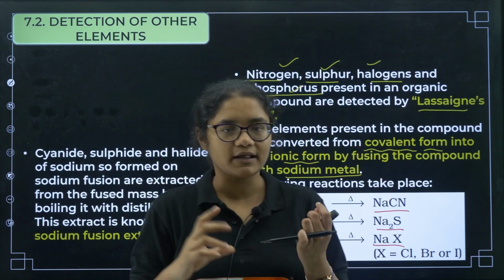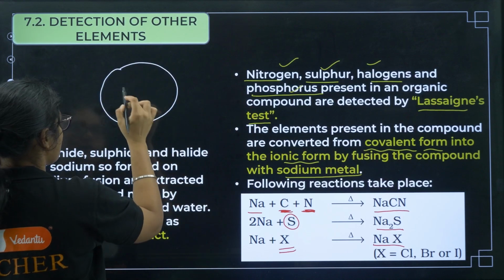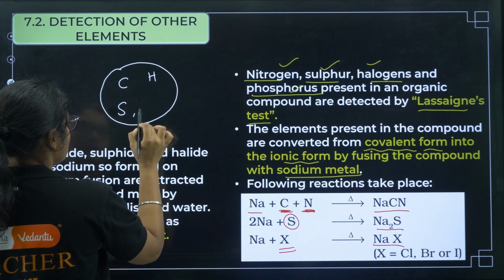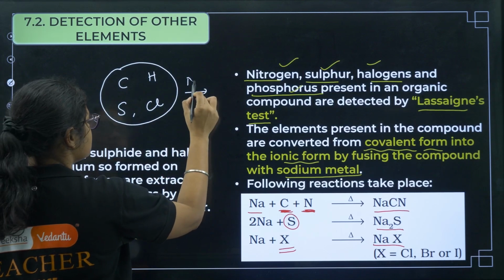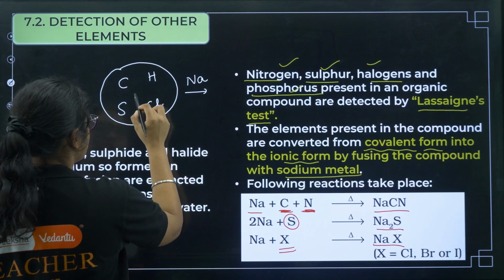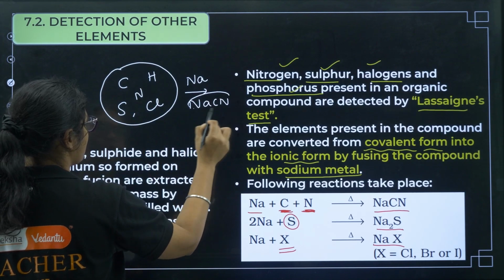Okay, so what you have done, just imagine, you have taken an organic compound with carbon, hydrogen, and sulfur, or, for example, halogen. Now if you heat this with sodium, suppose nitrogen is present, you can get NaCN, okay, you will get a product like this.